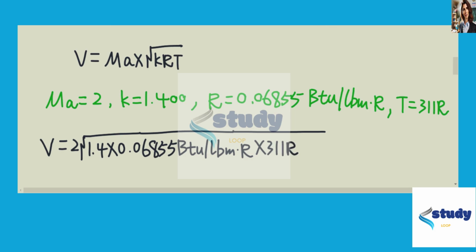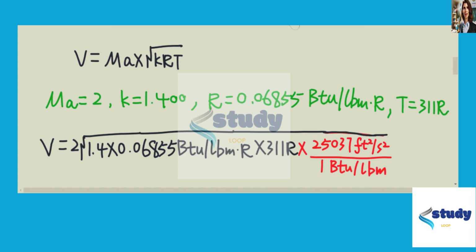And now let's convert it to feet squared per second squared under the square root, because the unit for the velocity is feet per second. So this will give us 25,037 feet squared per second squared over 1 British thermal unit per pound mass.